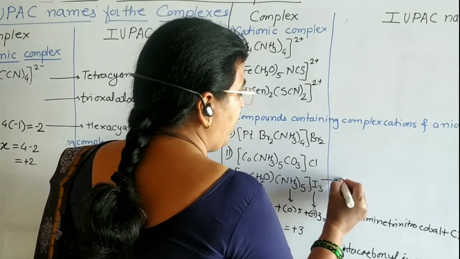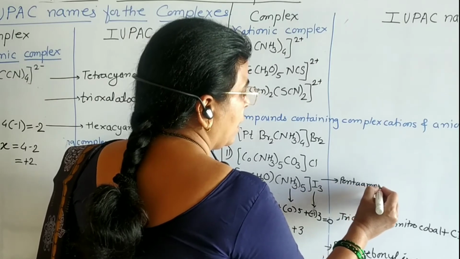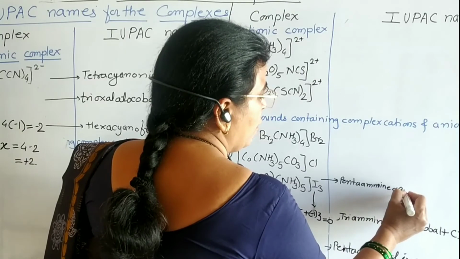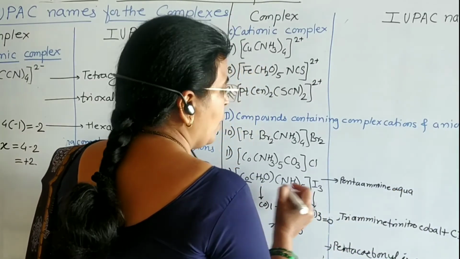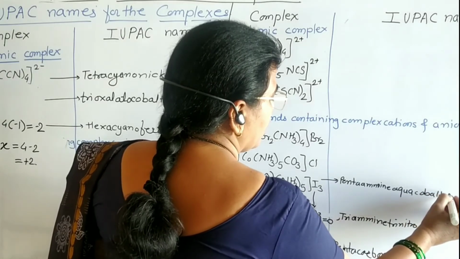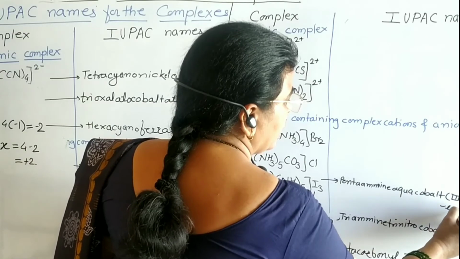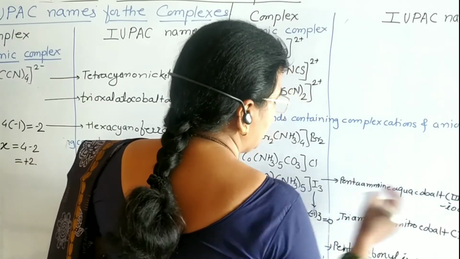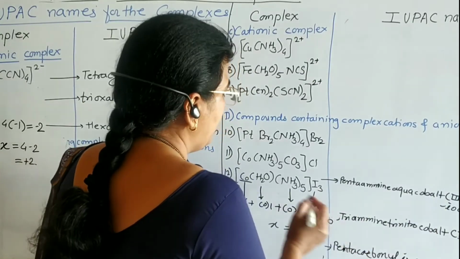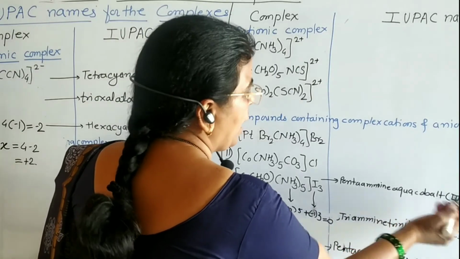Therefore it becomes pentaamine aqua, water is named as aqua, cobalt 3 iodide. For these 3 iodine or 3 counter ions we write iodide. Therefore name of this complex becomes pentaamine aqua cobalt 3 iodide.